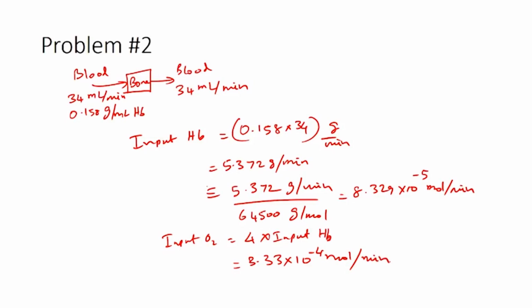We also need to calculate the amount of oxygen which is consumed, so that we can calculate the amount of oxygen which would be leaving the system. Oxygen consumed has been given to us, which would be 4 times 10 power minus 2 milligrams per second. Converting this to milligrams per minute, it would be equal to 2.4 milligrams per minute.